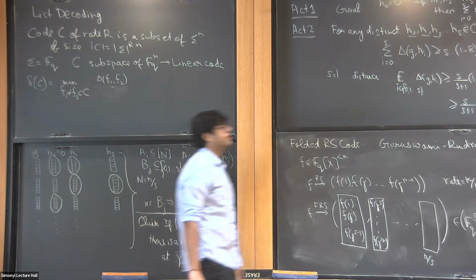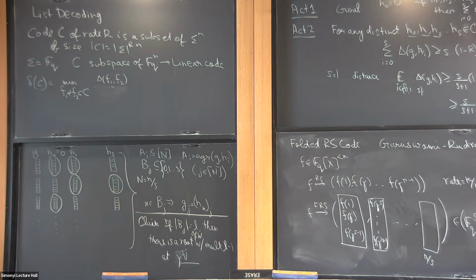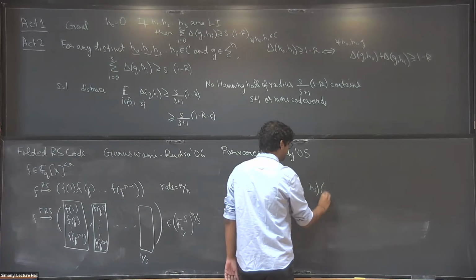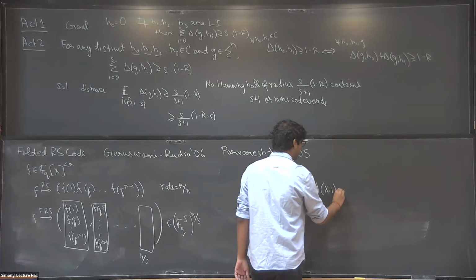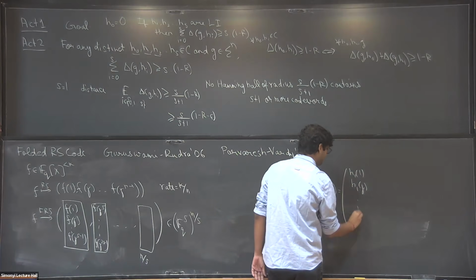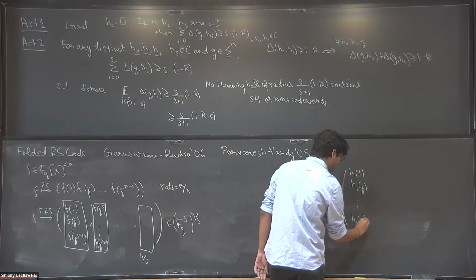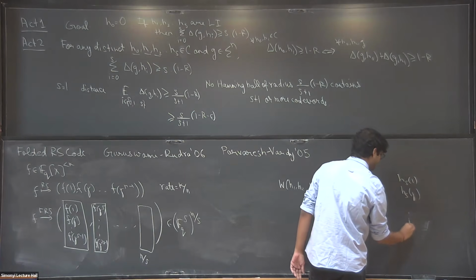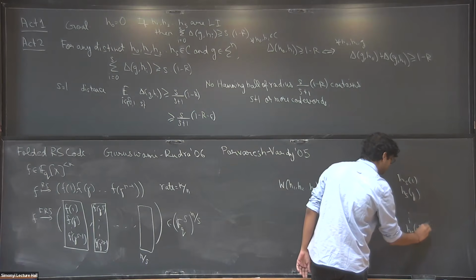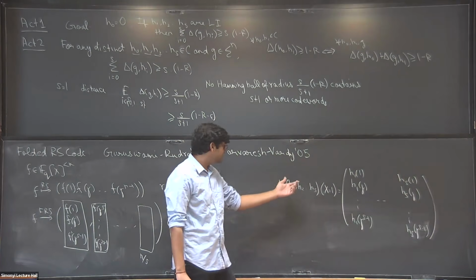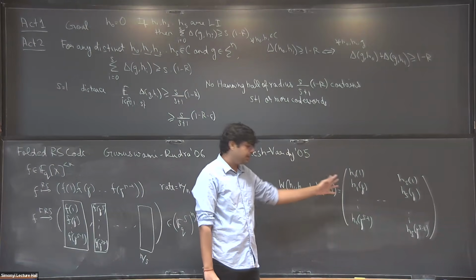Then the Wronskian of these S linearly independent polynomials evaluated at x equals 1 is simply this.